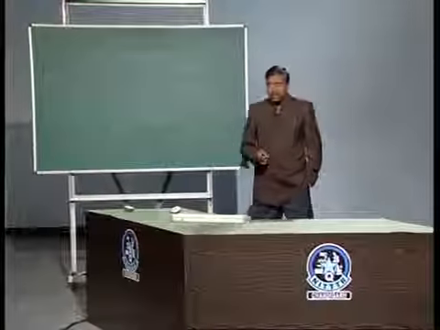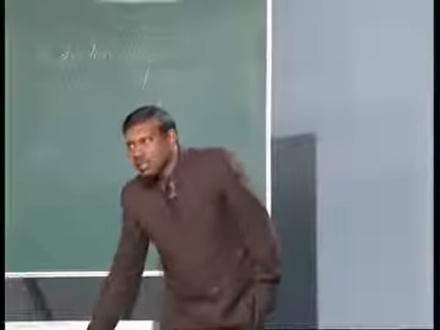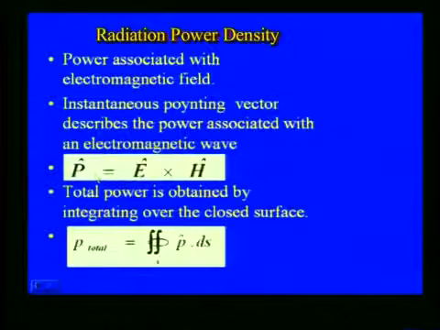Now, if we take the instantaneous Poynting vector, like the case which I have shown here in this equation, then if E is the instantaneous electric field, H is the instantaneous magnetic field, then the instantaneous Poynting vector is expressed as E cross H. But as you know, this is nothing but a power density. The instantaneous Poynting vector gives a power density.